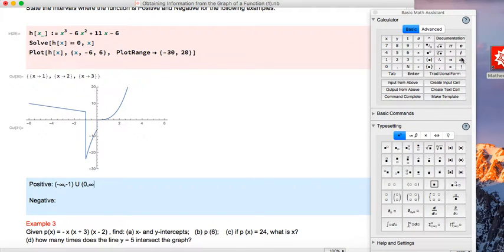And when the graph is negative, which is below the x-axis, it's from negative infinity, this part of the graph, so negative infinity to 0.